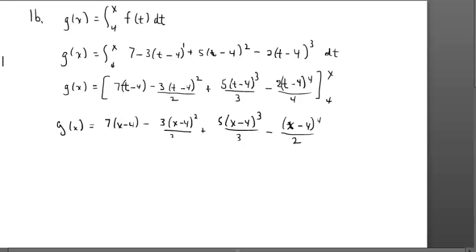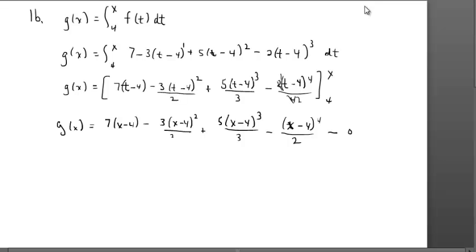I just simplified this one. Okay, minus, remember everywhere we see t, we're going to replace it with 4. So that's just going to create a bunch of zeros there. So it's really just minus 0. Yep, so that's it for that one right there, just integrating.